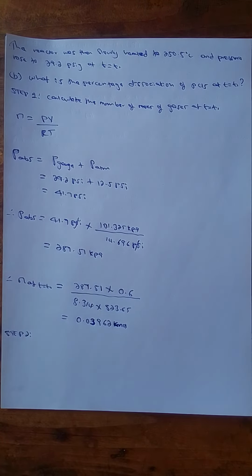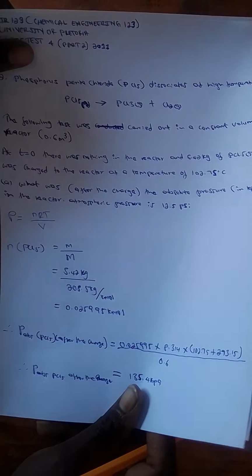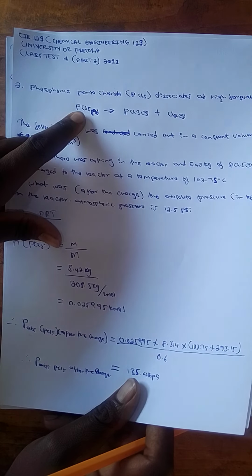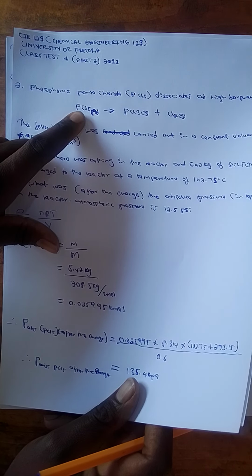In step 2, we're going to define the number. Remember, we want to know the number of moles of PCl5 that decomposed.